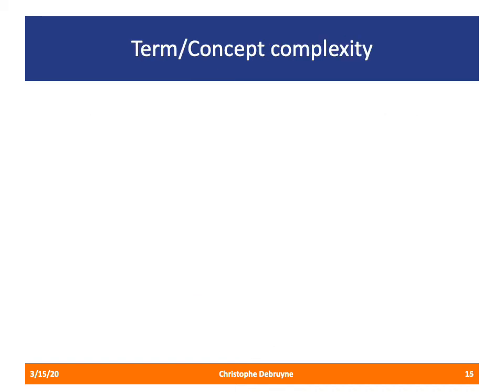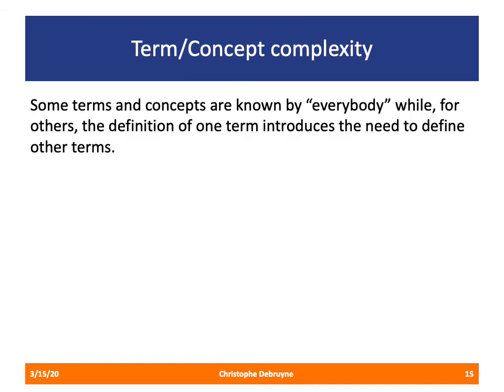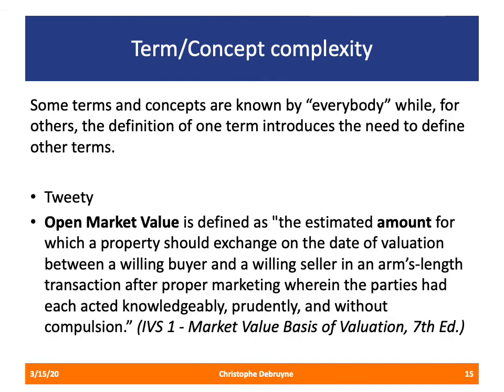Let's now talk about term and concept complexity. Some terms and concepts are known and recognized by everybody, while for others, the definition of one term introduces the need to define other terms. A simple example of the former is Tweety. We all know what concept that term invokes. An example of the latter is open market value.